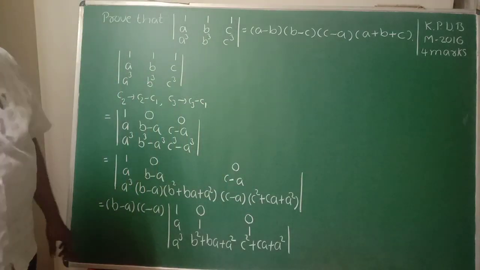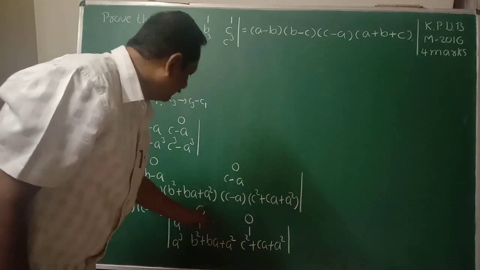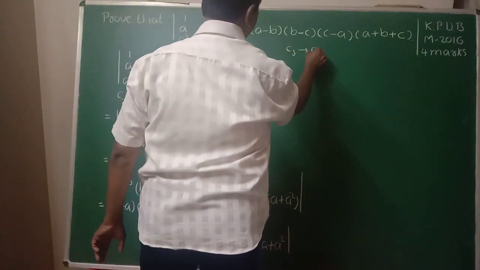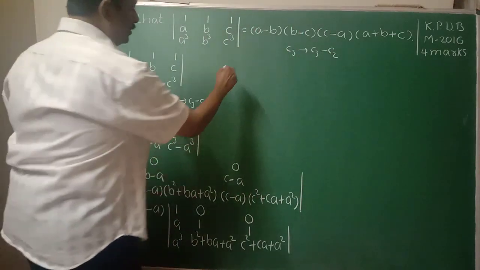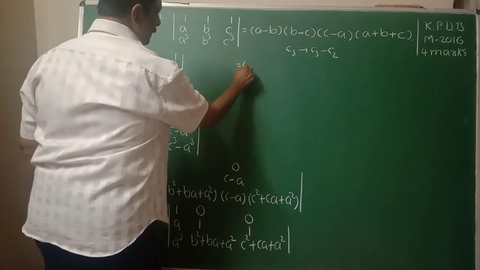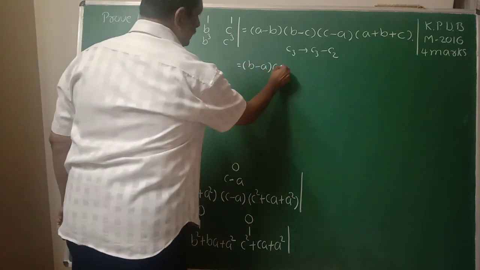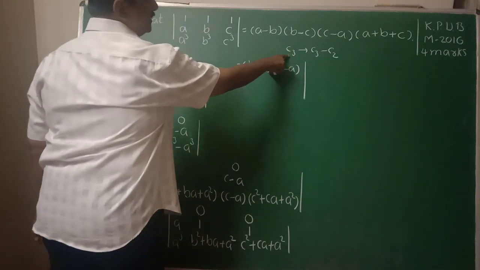Okay, then again make this term 0. C3 gives C3 minus C2. Therefore this is equal to b minus a into c minus a into determinant, where only the third column changes here.